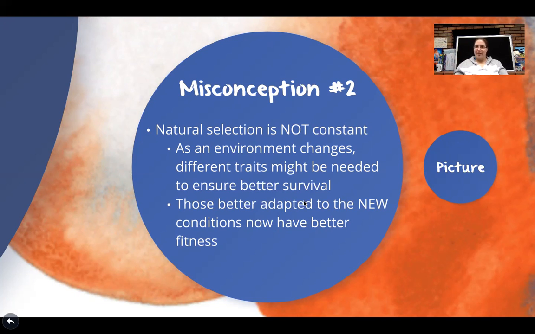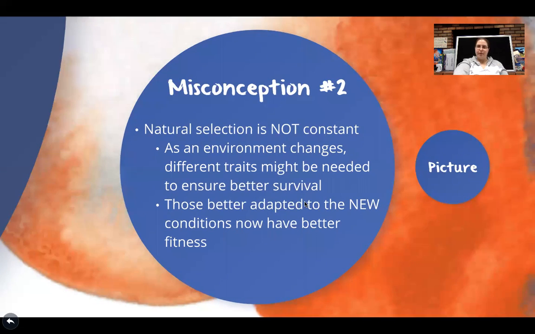They were more easily seen on the darker trees, which meant they were more easily eaten, which means the darker moths survived better. They were better adapted to this change. So those better adapted to the new conditions now have the better fitness.